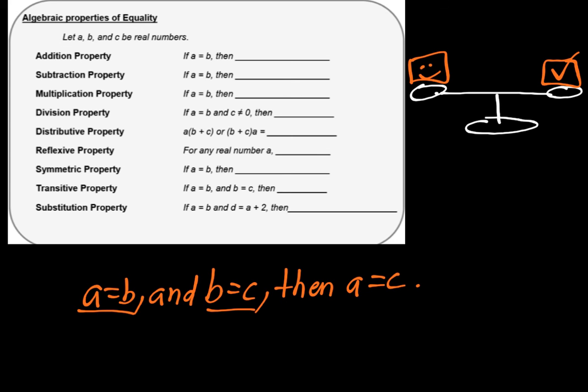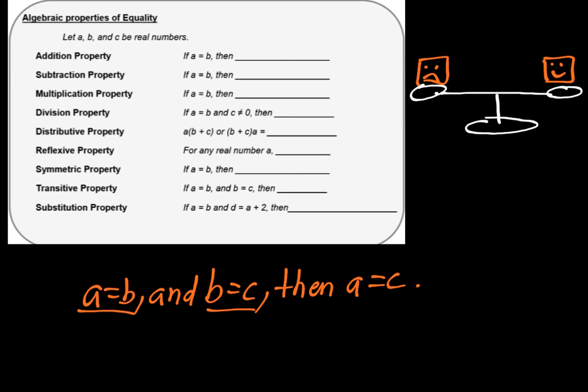Okay, if I said those two are balanced, but then I said also that the check mark is also balanced with, let's say, the frowny face. Okay, I don't know. So if the check mark is balanced with the frowny face, and the check mark is also balanced with the smiley face, then obviously the smiley face would be balanced with the frowny face.